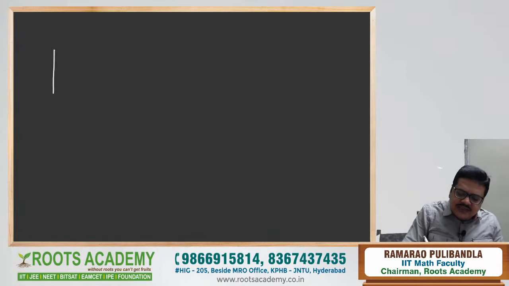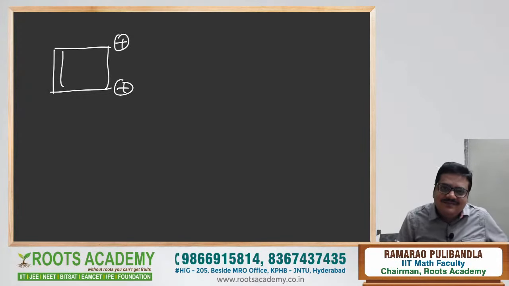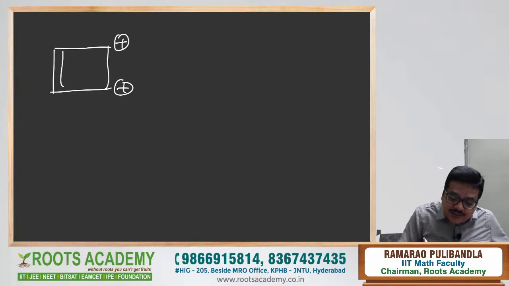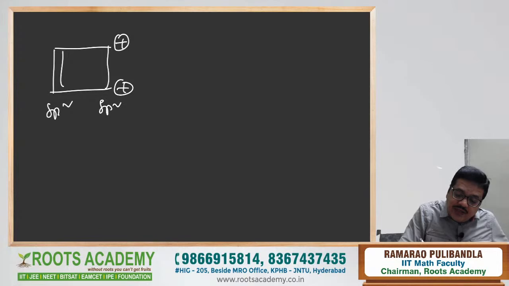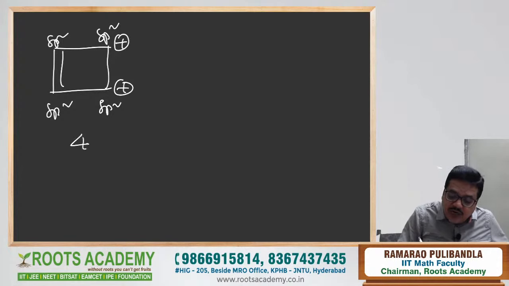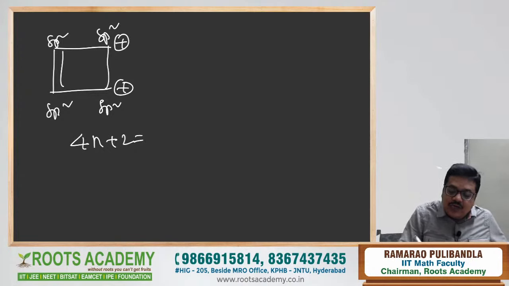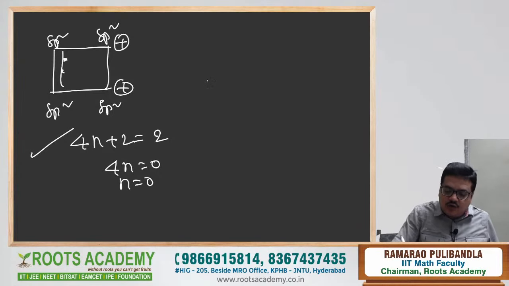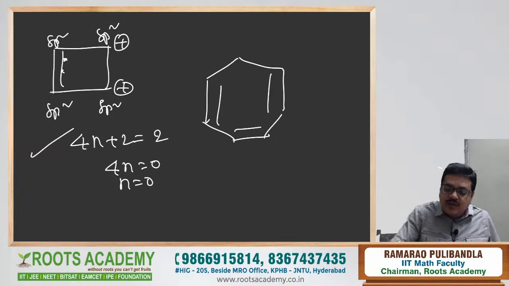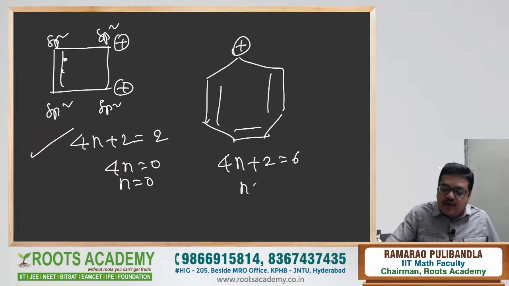Similarly, for this compound with a positive charge, it is also sp2, and these electrons are involved in resonance. 4n plus 2 equals 2 electrons, n equal to 0, aromatic. Tropylium carbocation: 4n plus 2 equals 6, n is equal to 1, aromatic.